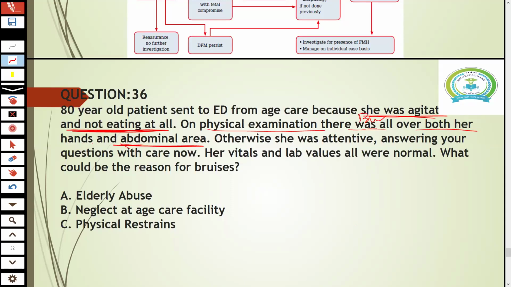Now look at the areas where they have mentioned the bruises: hand and abdominal area. Otherwise, she was attentive, answering your questions with care now. You have given all the care and the patient became at ease with you. Now she is giving you all the answers very clearly and attentively. Vitals were normal, lab values were normal.